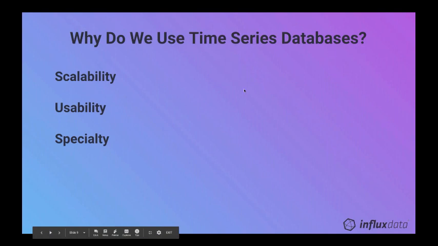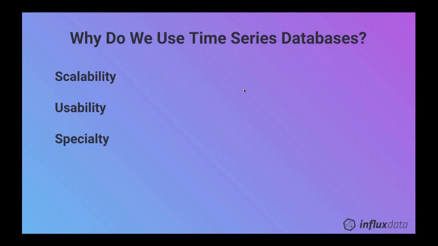Why do we need to use a time series database? That answer can be summarized in three main points: scalability, usability, and specialty. Since we're collecting so much data, we need to make sure that we can collect data from a variety of different machines and also host and store that data in a distributed system.